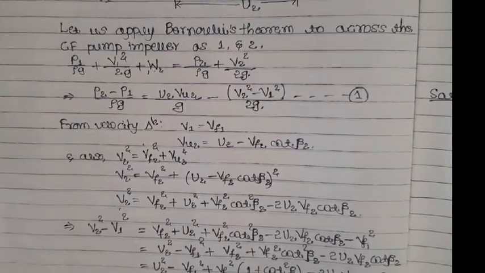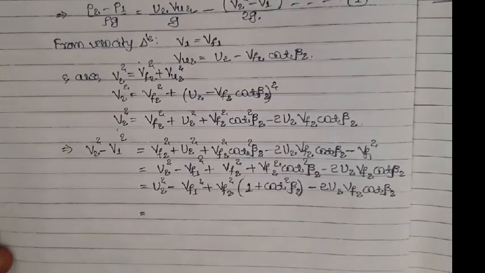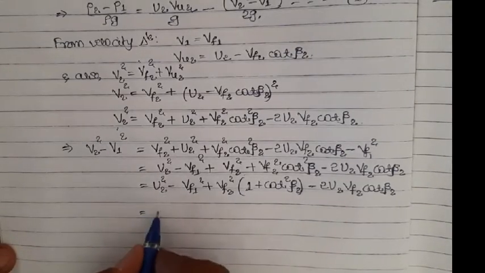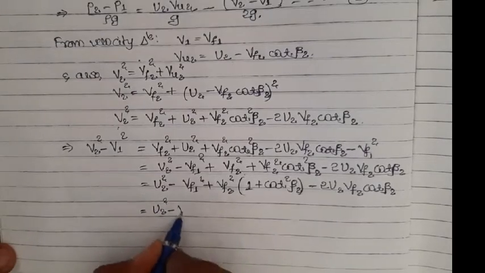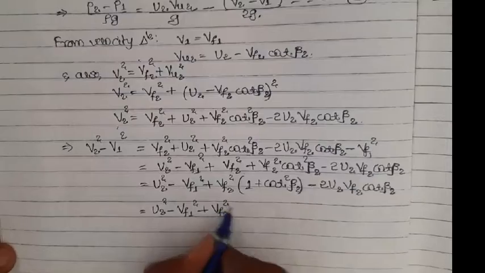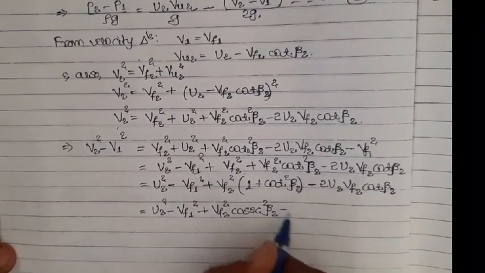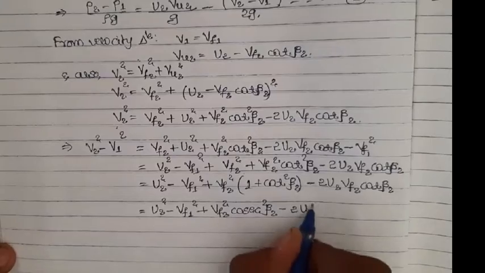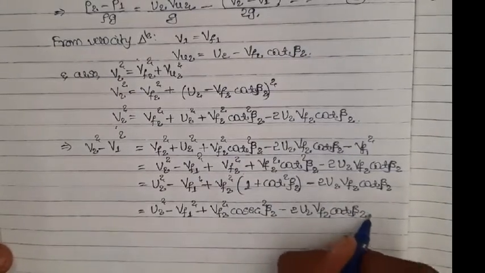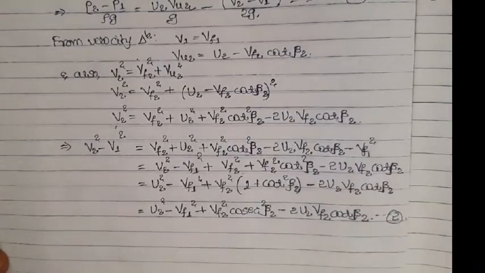Now from trigonometry we know that 1 plus cot square beta 2 is cosecant square beta 2, so it becomes U2 square minus Vf1 square plus Vf2 square cosecant square beta 2 minus 2 U2 Vf2 cot beta 2. Clear? Therefore, let this be equation number 2.